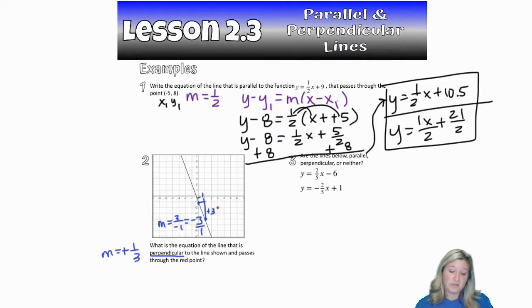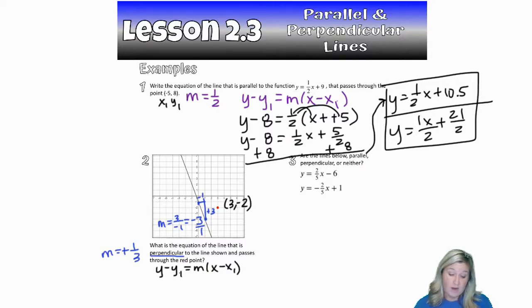So my slope is 1/3, and then I need to go over here and I need to name this point, and it's going to be 3, -2. So I'm going to use point slope form. So I have y minus y1 is equal to m times x minus x1.